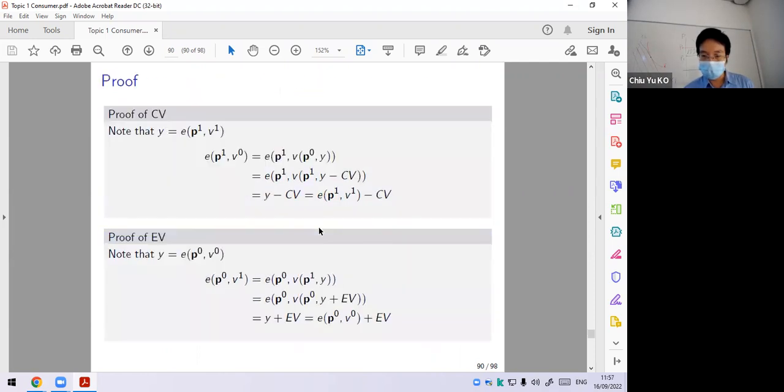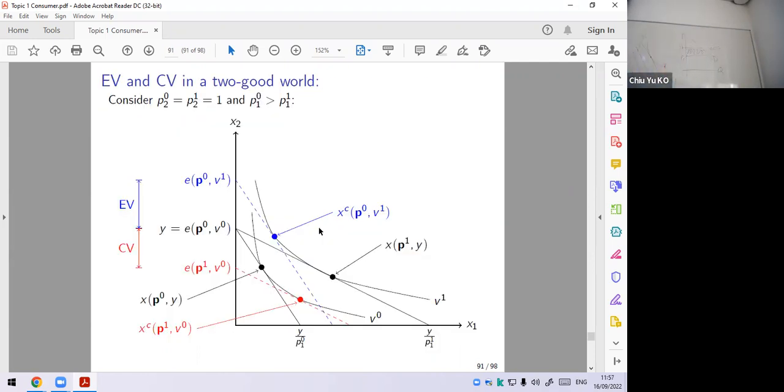So that's why the difference is the EV. Okay, what you're going to do is this is exactly the income effect, right?